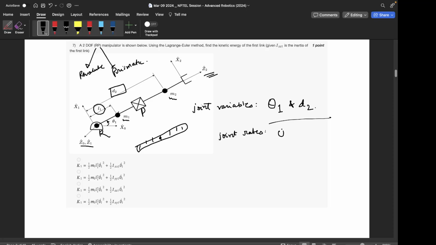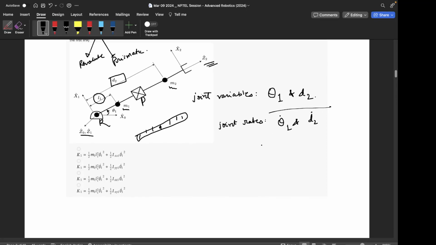So joint rates would be theta 1 dot and d2 dot, right? For the first joint it will be angular velocity, and for the second joint it will be a linear velocity, right? So that's the scene here.